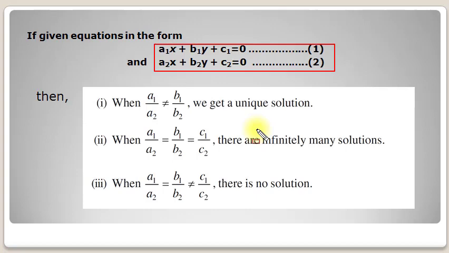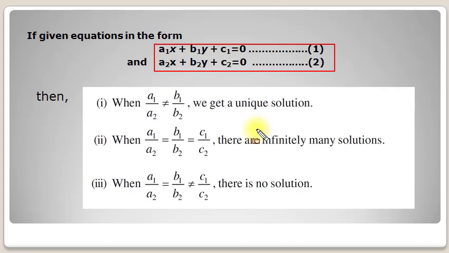So by finding the coefficients of x, y and the constant term, finding their ratios and checking whether one ratio is equal to another or not, we can identify whether the given system of equations will have a unique solution, infinitely many solutions, or no solutions.